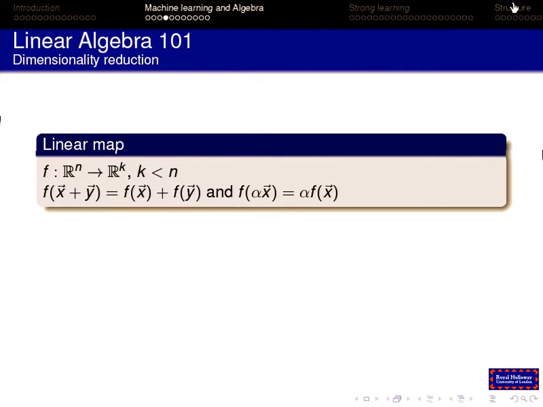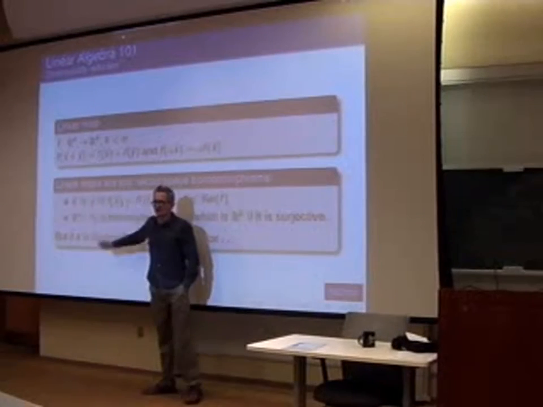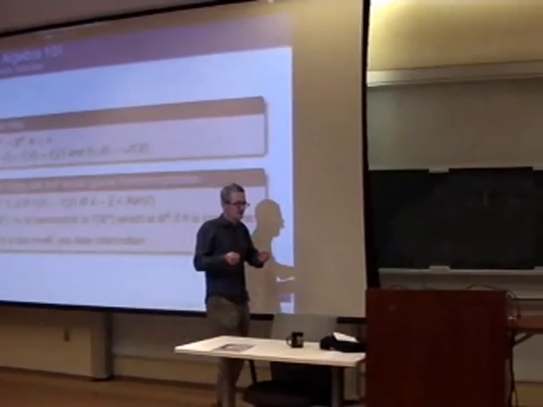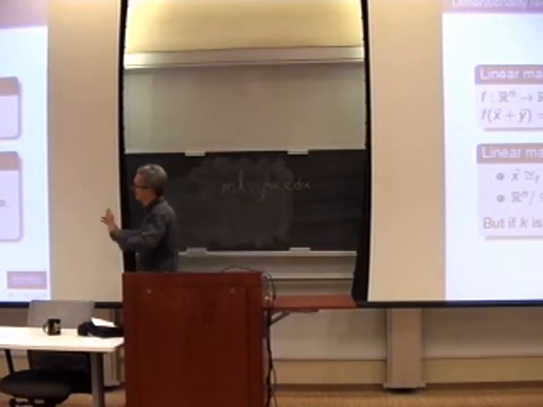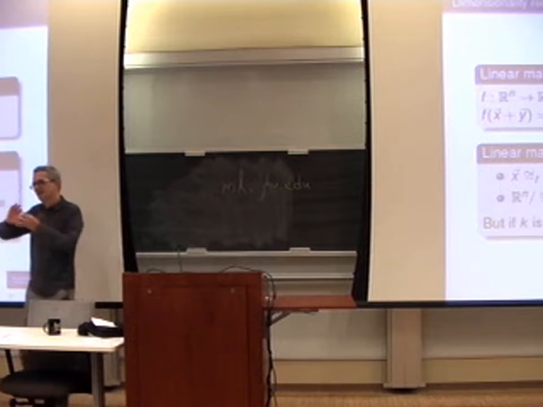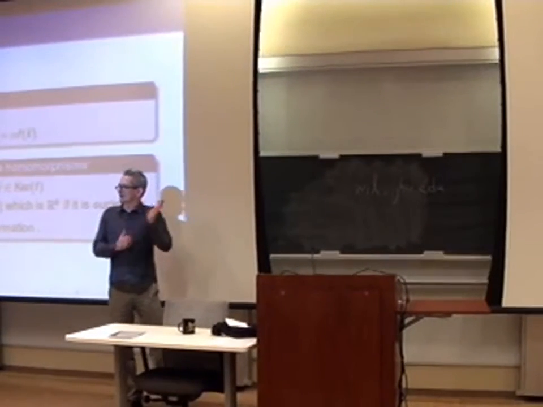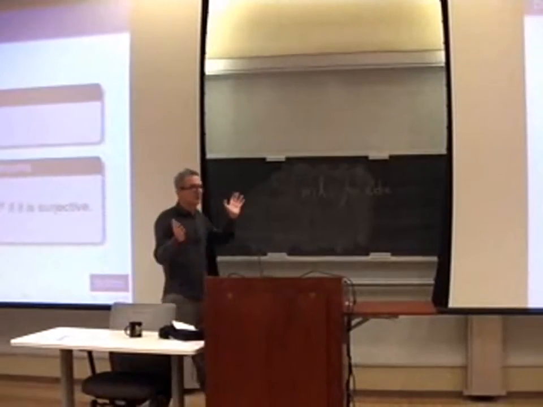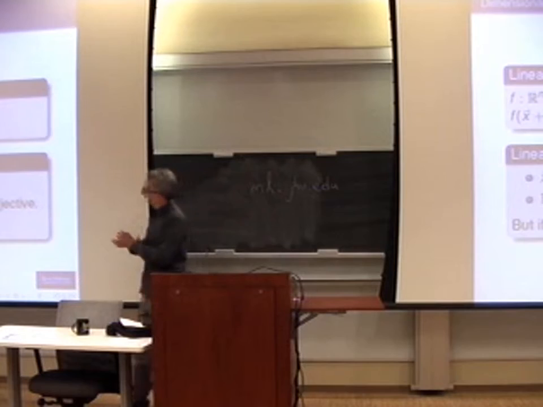So zooming out a little bit, a linear map is just a homomorphism of the vector space, and the homomorphism is going to define a congruence relation between elements of the original space, where we say that x and y are similar to each other if their difference is in the kernel of f. So what we're saying here really is that we have this high-dimensional space. Some dimensions we're interested in, and some we're not, so we're going to map it to a smaller space that collapses the uninteresting dimensions to a point.